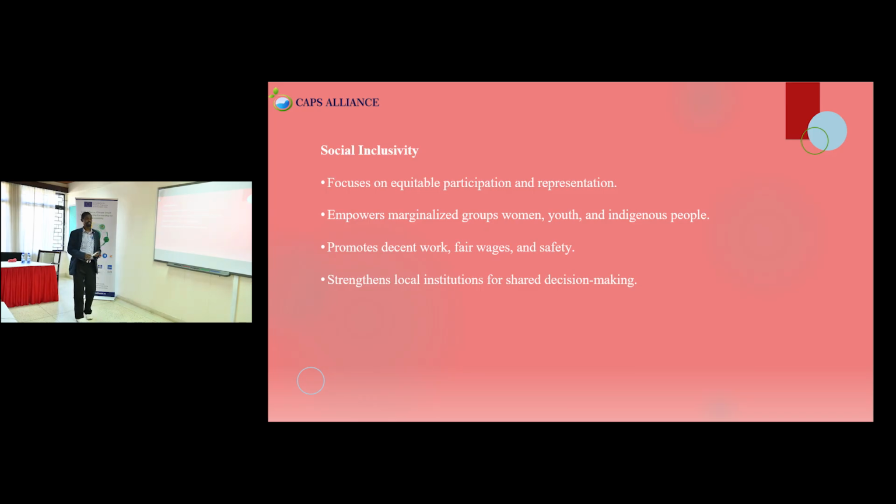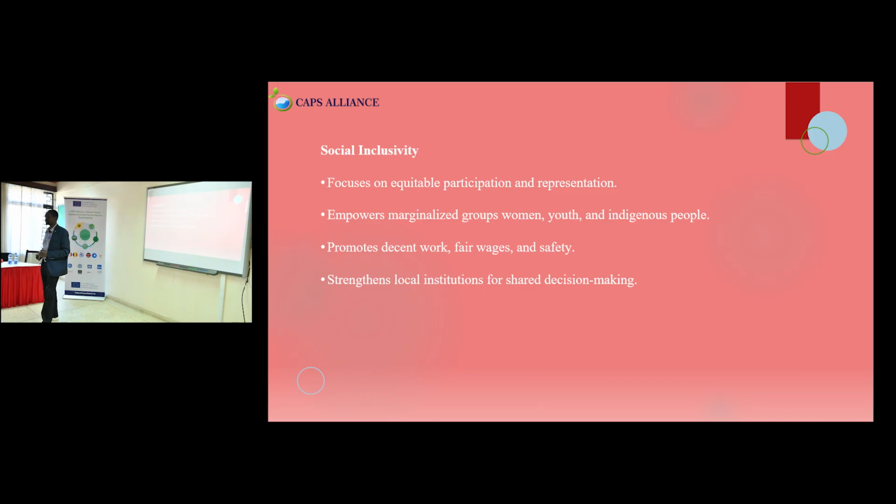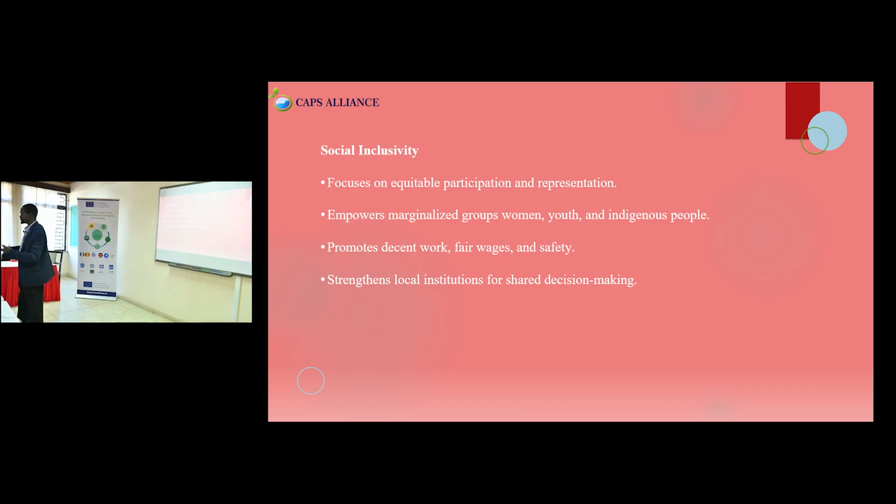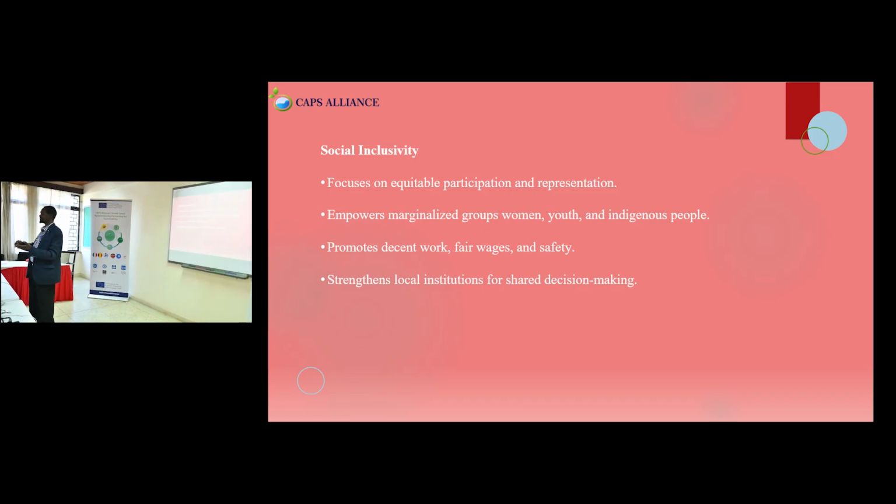Social inclusivity. So what do you understand by the term inclusivity? Inclusivity, you have to have old men, women, the youth, the vulnerable groups and all that. That is the definition of inclusivity. And going forward in your studies, when you are writing a proposal for funding, there are two things which are very critical. One is inclusivity. Second is gender. And gender here does not mean men, normally it means women.